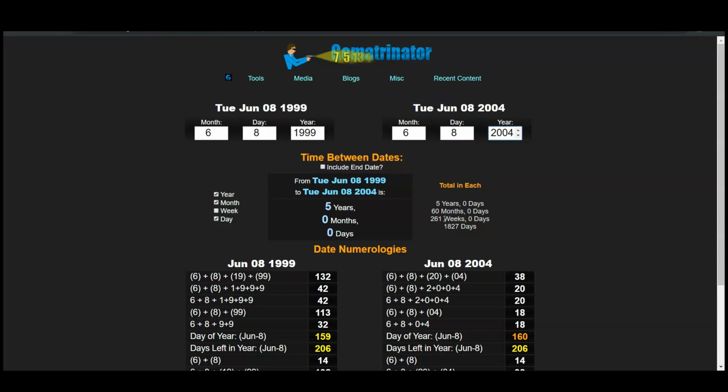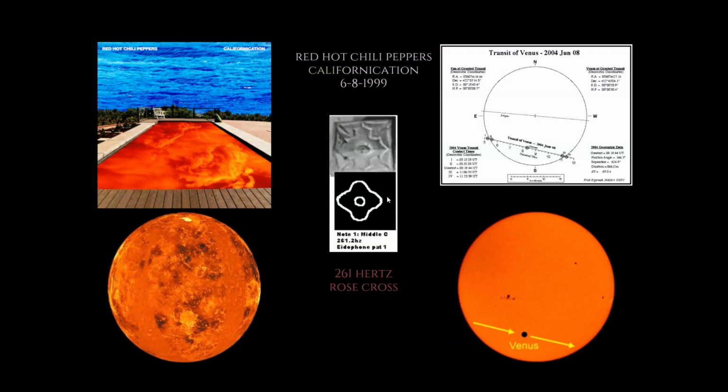And that was 261 weeks after the release of the album. So they're encoding the Rose Cross, the 261 Hertz Rose Cross that I talked about in part 1. And if you look at their album cover here, they have the fire and the water. They have Venus and water here. The fire and the water are two alchemical elements that make up the star.